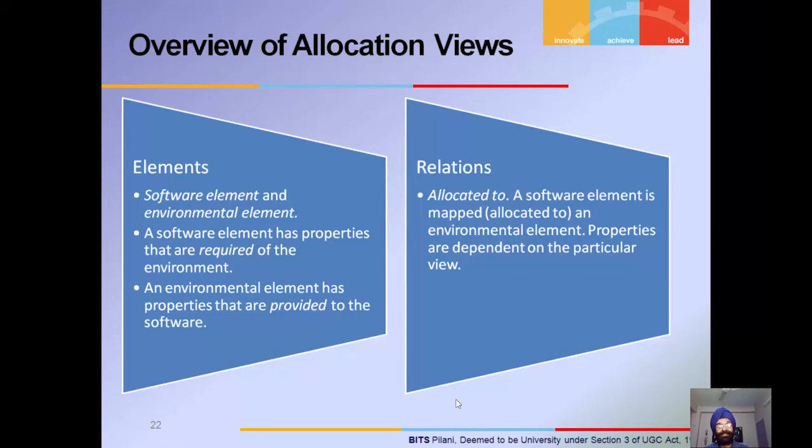The relation that is presented is allocated to. The moment we talk about allocated to, we are talking about resources. Resources could be RAM, hard disk space, manpower, or processing time. Any particular allocation is a part of the allocation view.